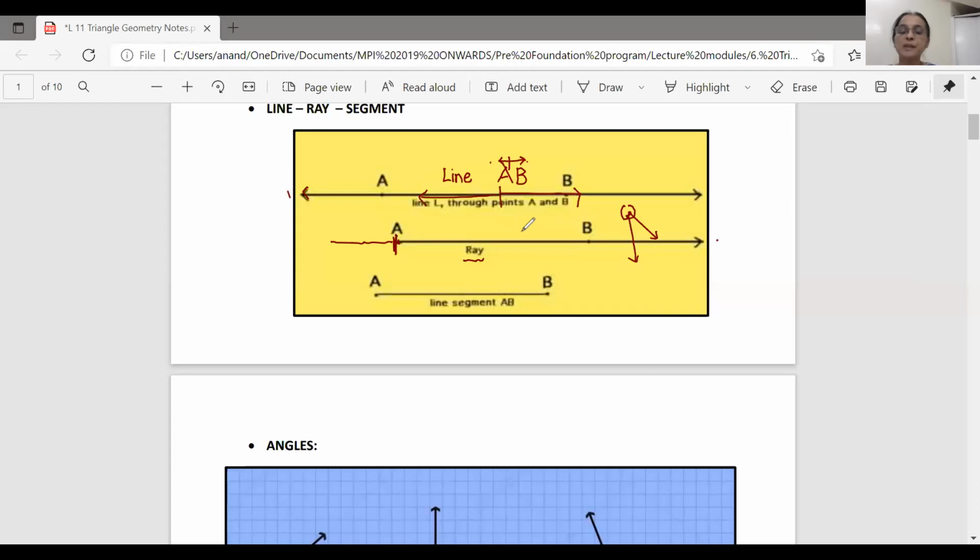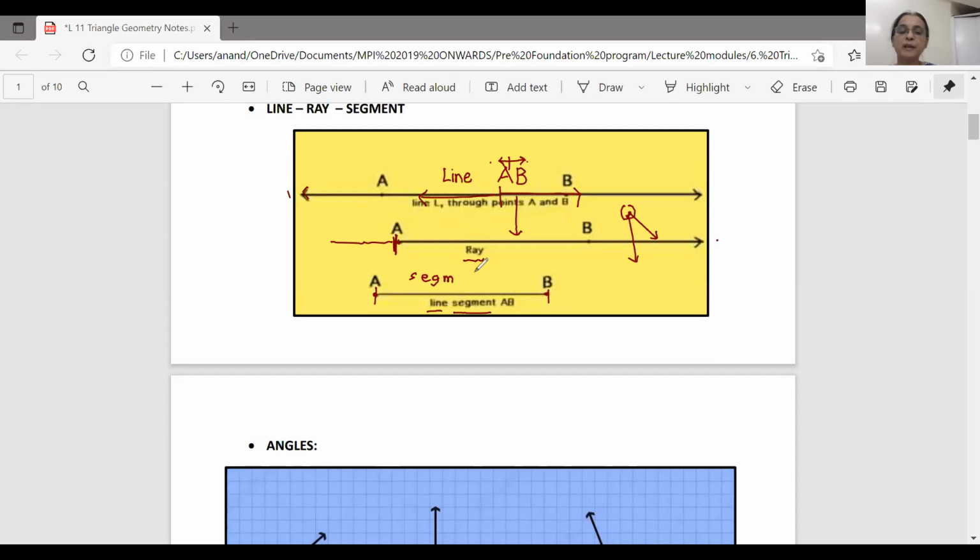And now if I cut this line from both the ends and give a definite end point on both sides, that section or that part of the line will be called a segment or line segment. So segment AB is also a section of a line.